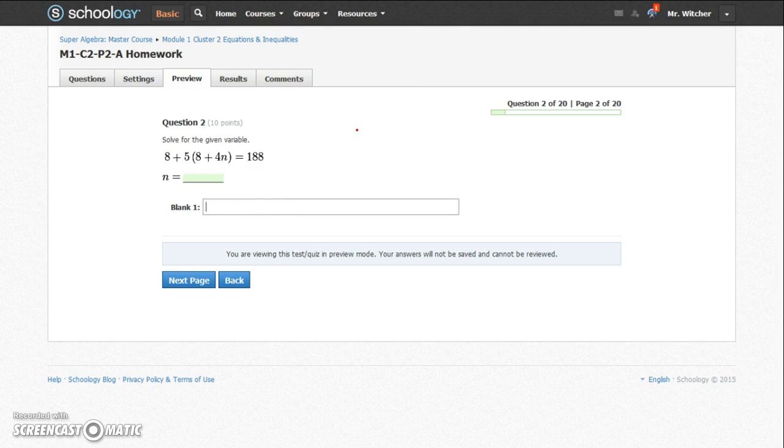Here's my next equation. 8 plus 5 times 8 plus 4n equals 188. So again, I'll simplify whatever I can. Well, if I distribute this, I'll have to bring it out later. So I'm just going to start doing my inverse operations. I'm going to start off by subtracting 8. So if I rewrite this up here, 8 plus 5 times 8 plus 4n equals 188.